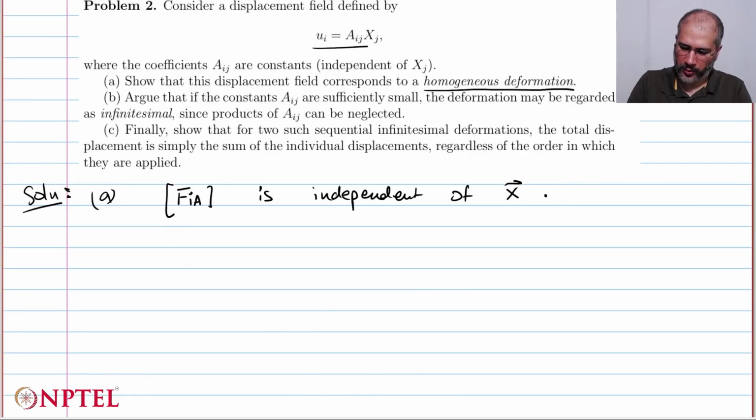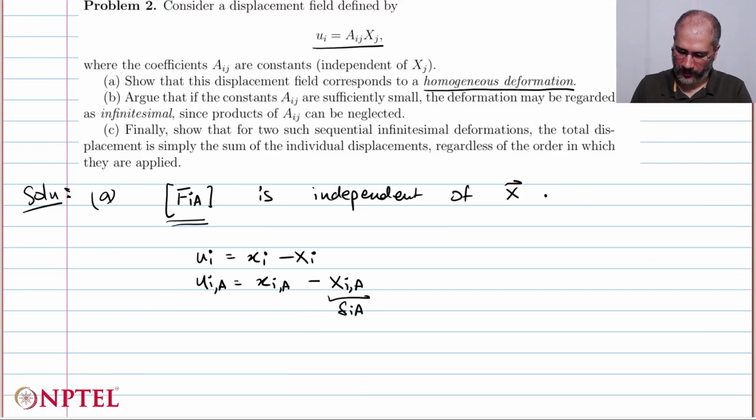Now in this case, the displacement field is given to us, so we can find a relationship between the F tensor and the displacement field. So u_i is given as x_i minus capital X_i. So I can differentiate this with respect to A to get x_i,A minus capital X_i,A, which is delta_iA.